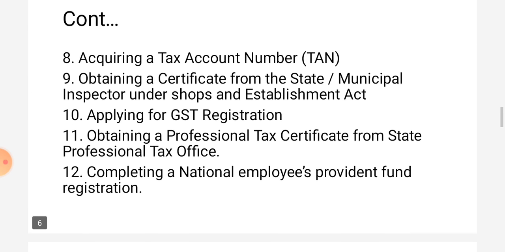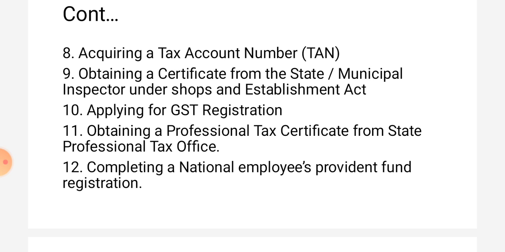Next, acquiring a tax account number, that is TAN, the tax deduction and collection account number. Number 9, obtaining a certificate from the state or municipal inspector under the Shops and Establishment Act. That is also important because to start a business there is a need for this certificate. Now they have to apply for GST registration also.